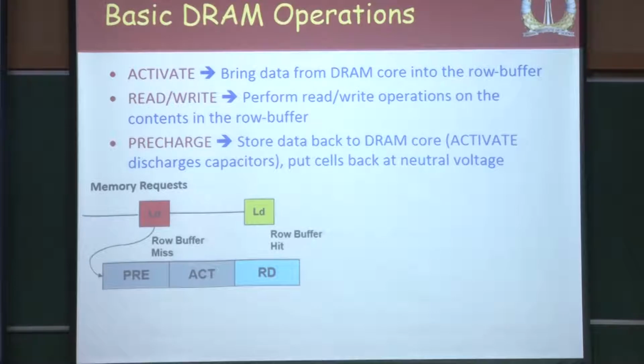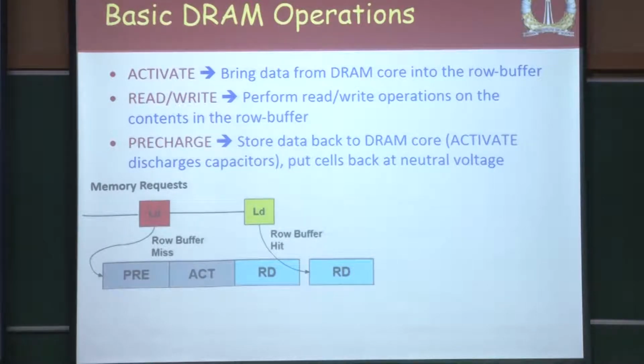Now, because the row is already available in my row buffer, I only need to do the load access, the read access alone. So, this is much faster compared to the first one. The first one took 3 times the amount of time, whereas the second one took only read.